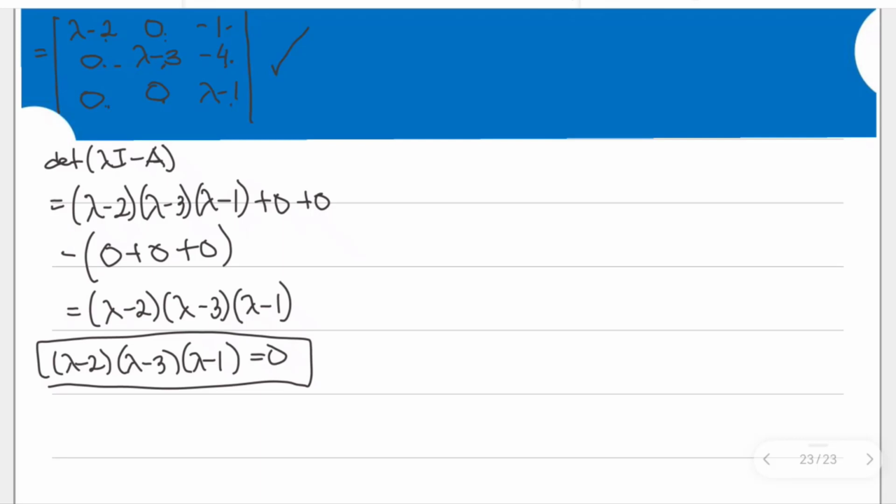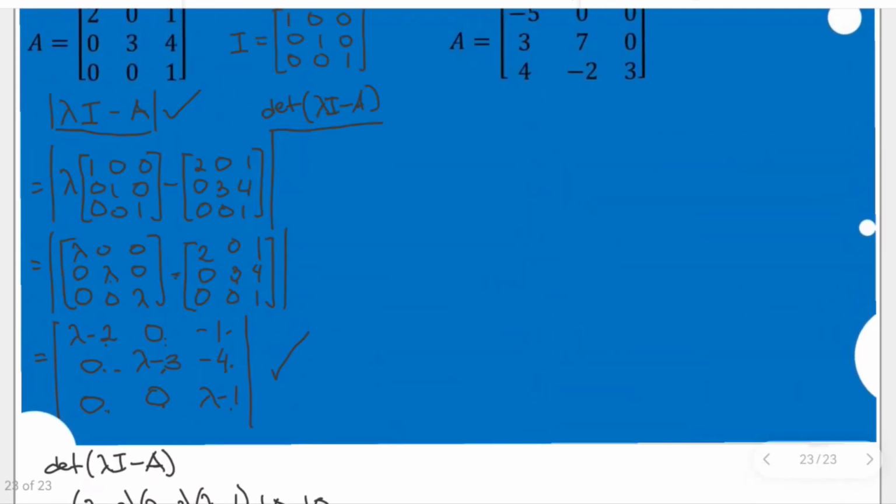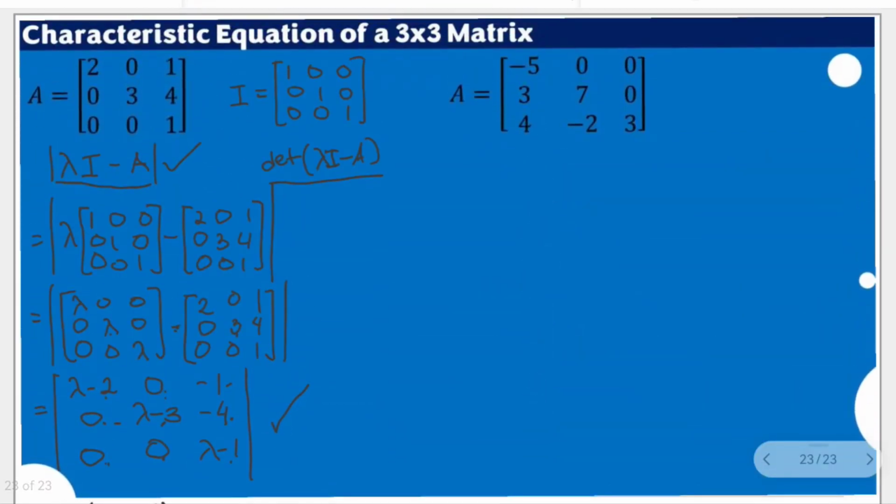Okay, so let's duplicate the same process, as we are also going to use this expression here. So you will have lambda times the identity matrix 1, 0, 0, 0, 1, 0, 0, 0, 1 minus negative 5, 0, 0, 3, 7, 0, 4, negative 2, 3.